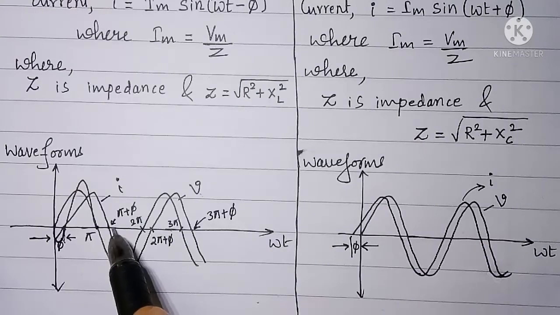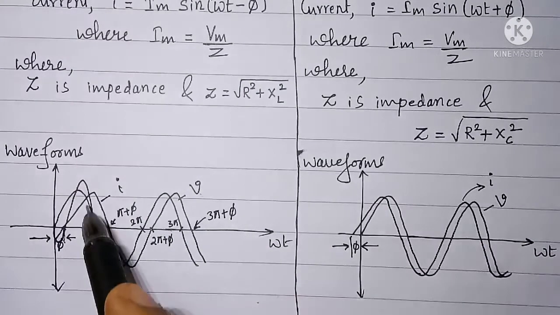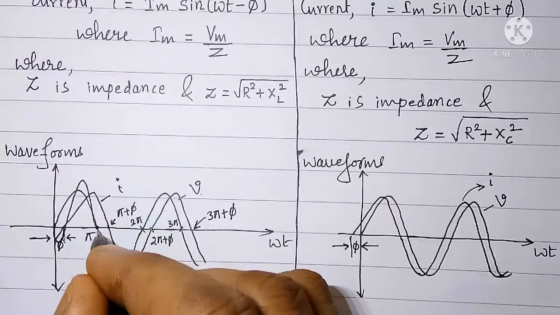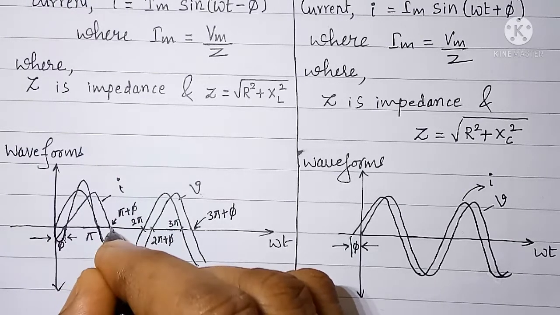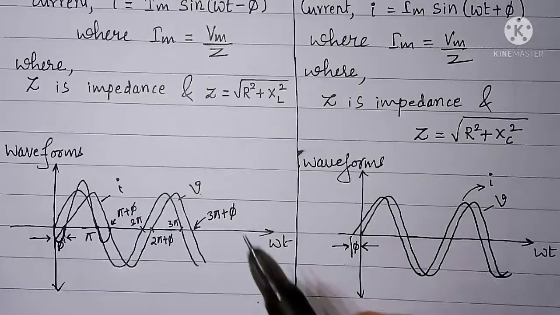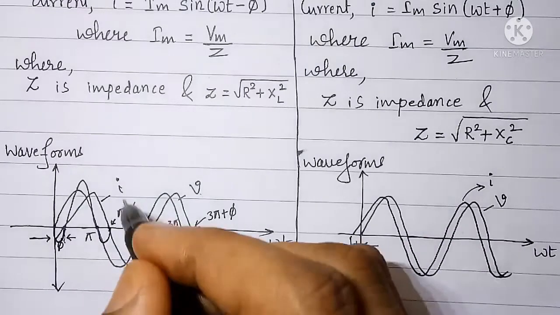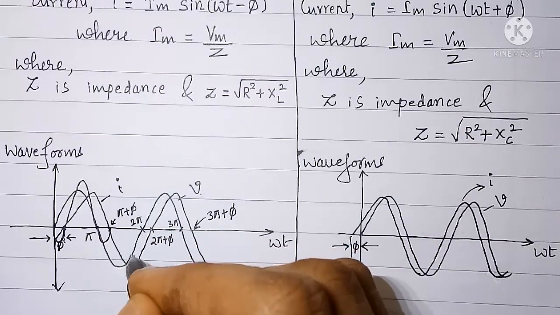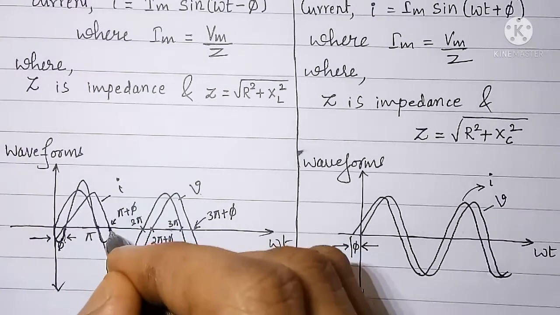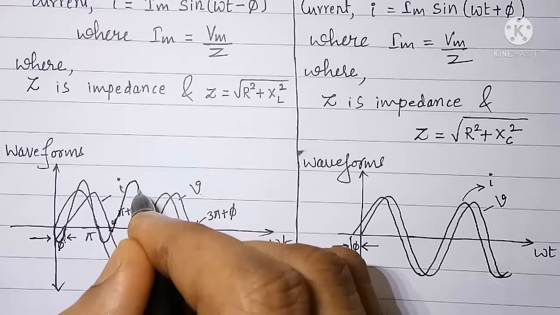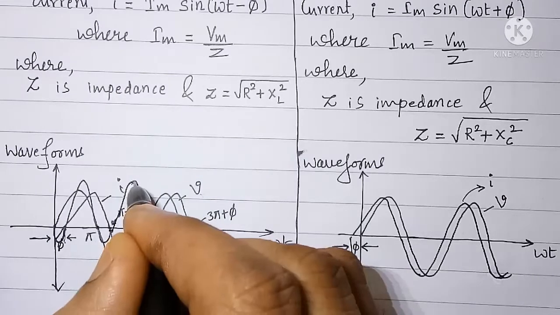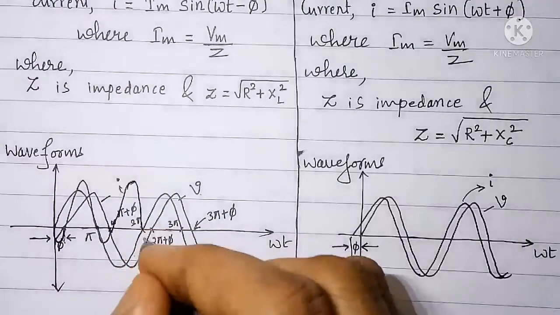From pi to pi plus phi, voltage is negative and current is positive. So again the product will be negative. From pi plus phi to 2 pi, both voltage and current are negative. Therefore, the product will be positive.